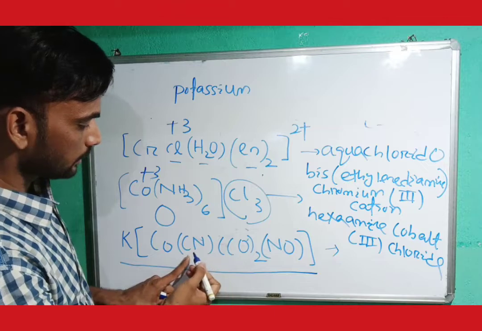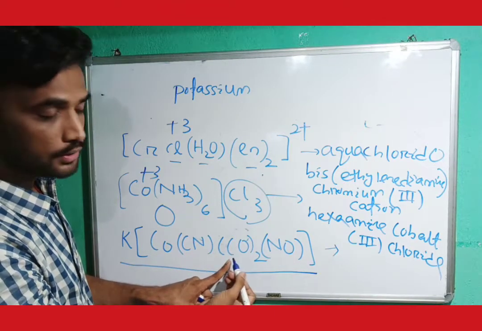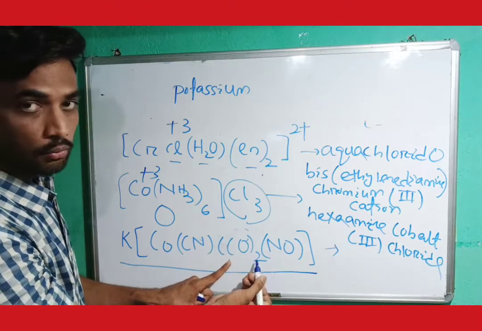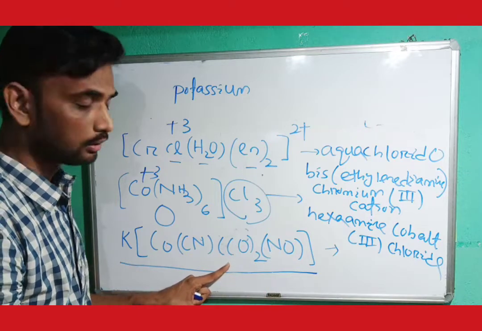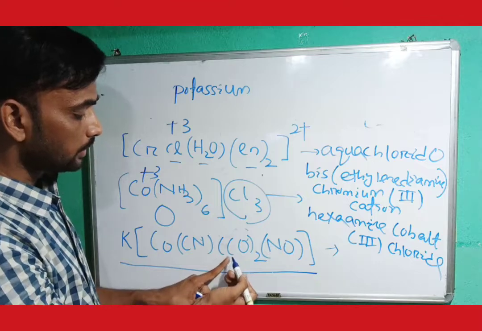In the complex part, that is cyanide, C-Y; carbonyl, dicarbonyl, C-A; nitrosyl, N. So the word di or the prefixes do not come through the alphabetic order. The name comes through the alphabetic order. So carbonyl is written first.